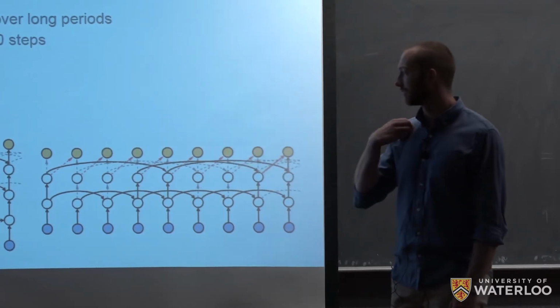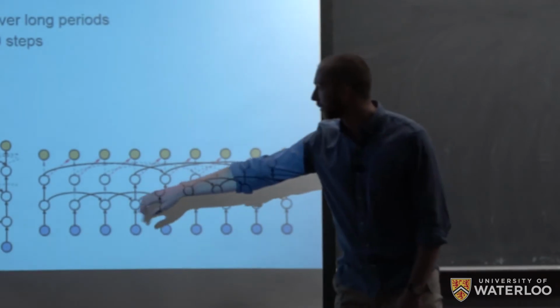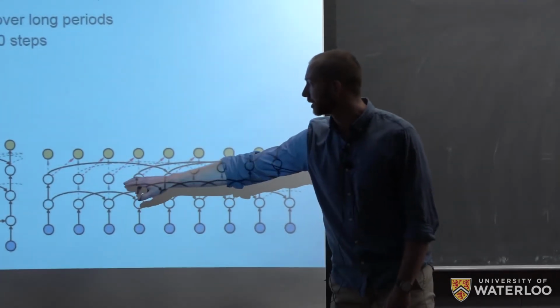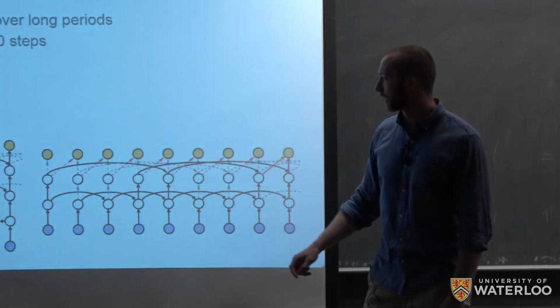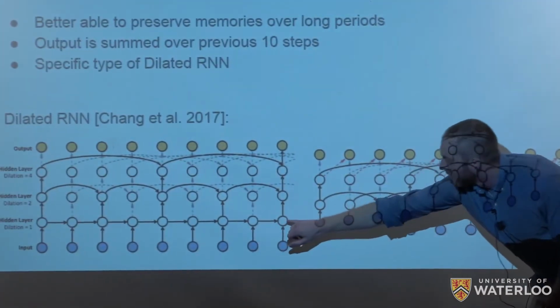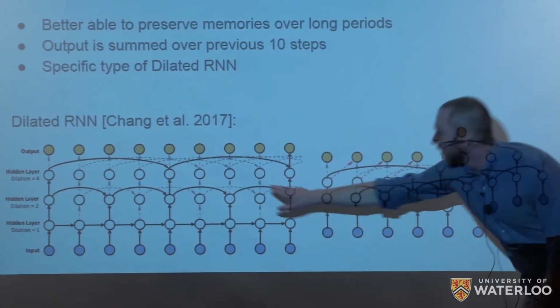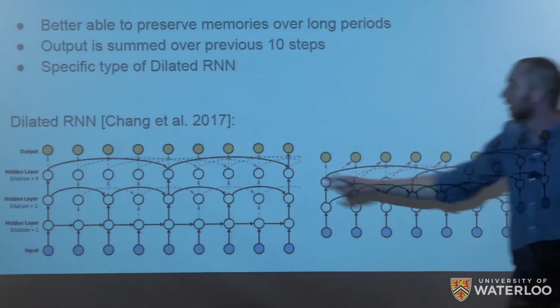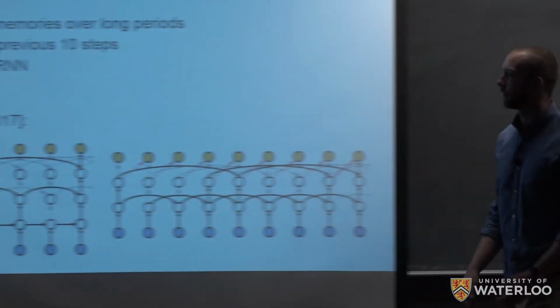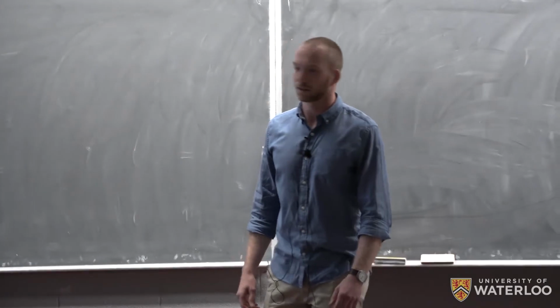You can think of the dilated LSTM similarly, where we have skip connections instead of fully connected ones. Here we have the regular connections, but here a dilation of 2, or here a dilation of 4. They found that this gives good results, so that's what they used.